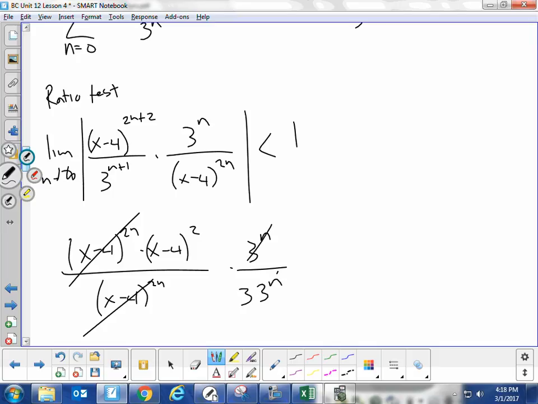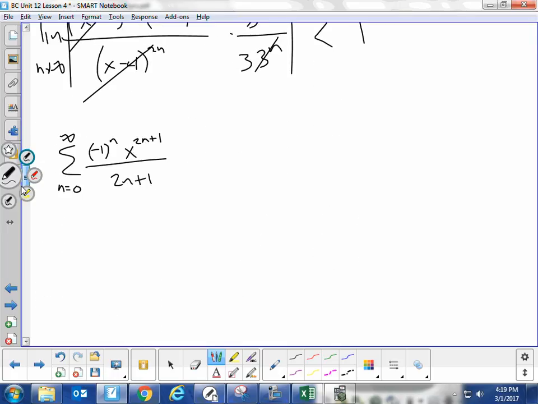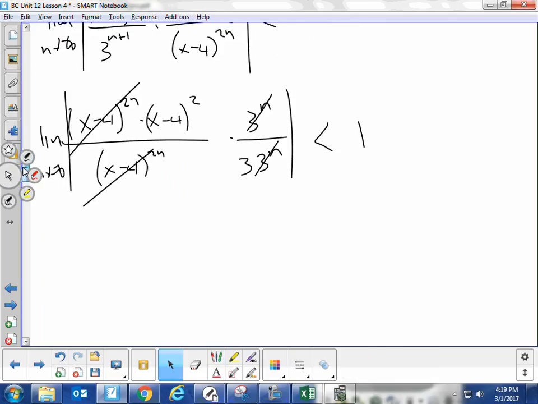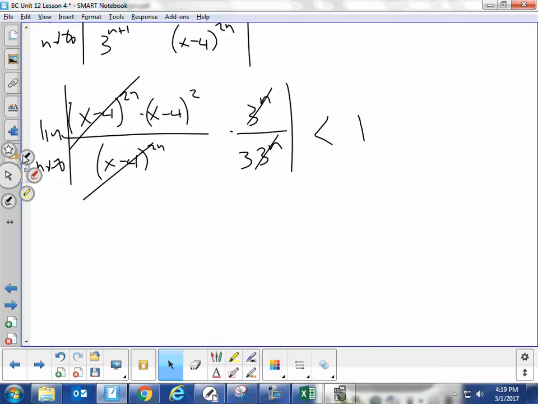These would cancel. And I know that this limit, as n approaches infinity, has to be less than 1. Okay? Well, all that's left is that x minus 4 squared, divided by 3, has to be less than 1.